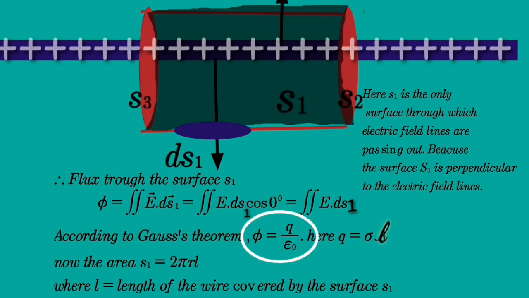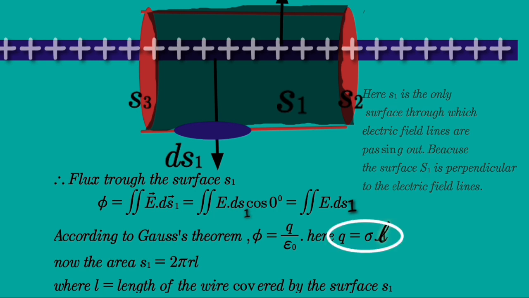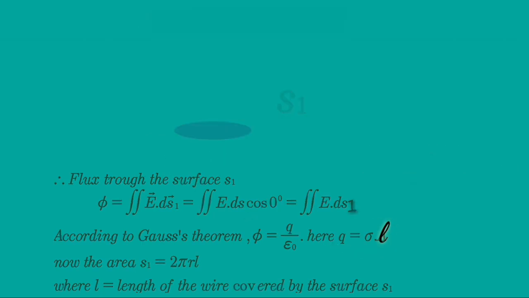Now, according to Gauss theorem, flux phi is equal to total charge by epsilon naught. Here, the total charge Q is equal to line charge density into length of the cylinder.